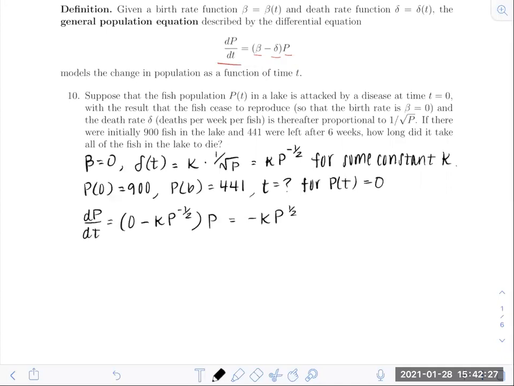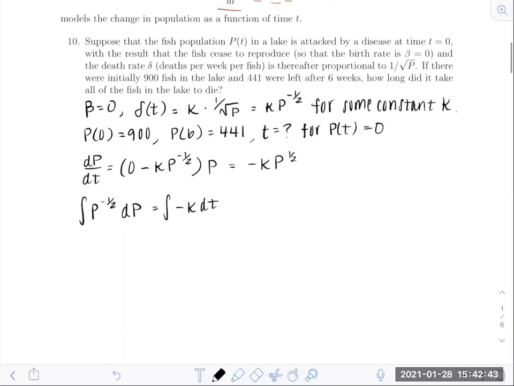If I divide that P to the 1/2 over to the left-hand side, I am left with P to the negative 1/2 dP. And then moving that dt differential over to the other side, we have negative k dt. So we can integrate directly here. This becomes 2 square root of P equals negative kt plus some constant of integration.